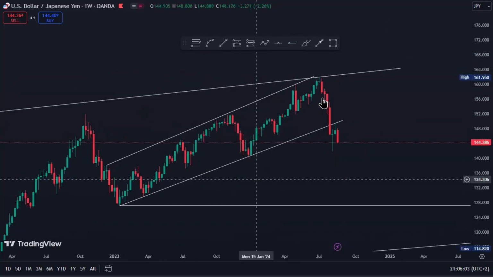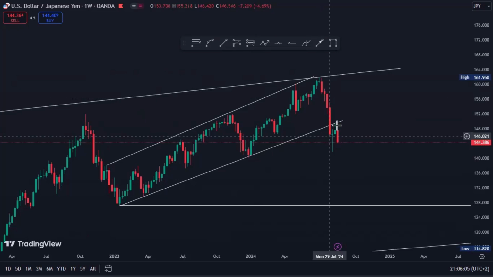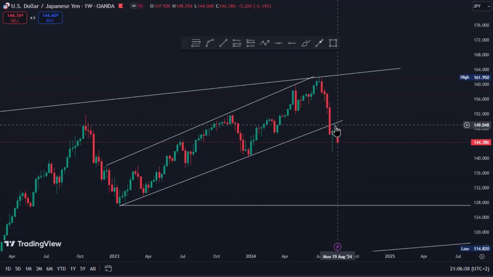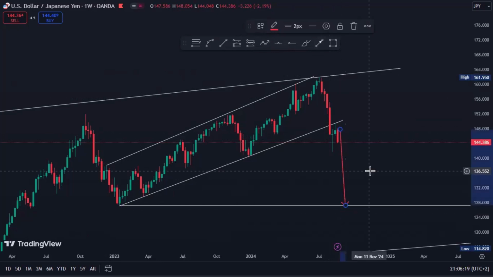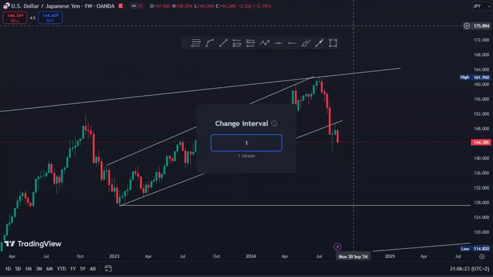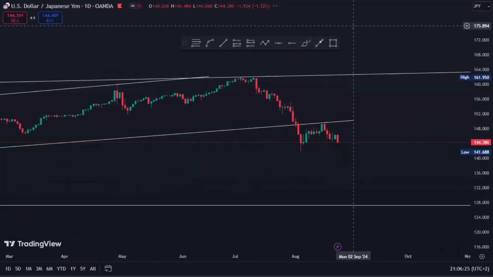You can clearly see the market broke impulsively and came back to retest this zone. It retested the trend line, meaning we are continuing down with the movement. So let's go to the daily time frame and see what's happening.